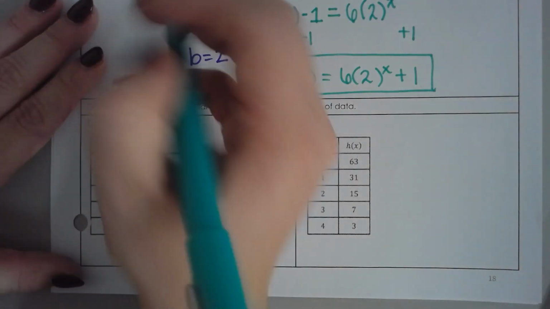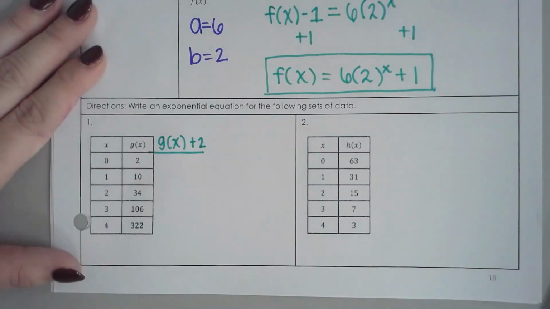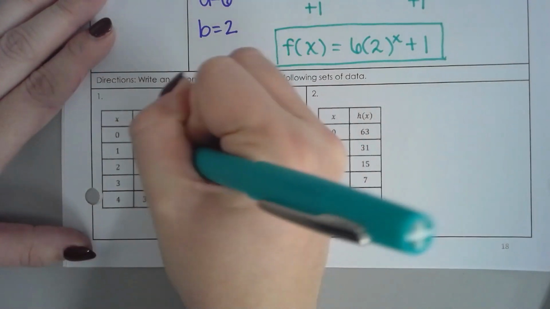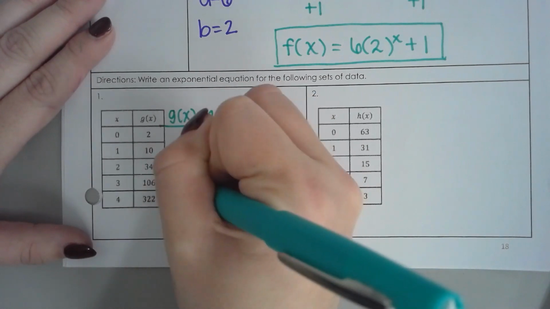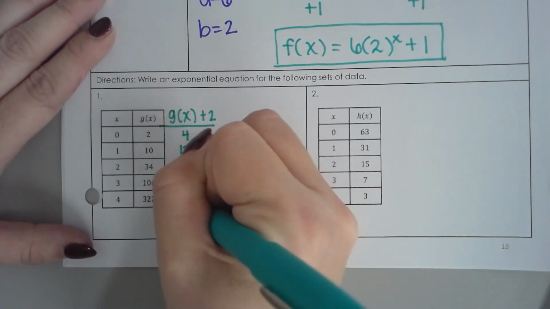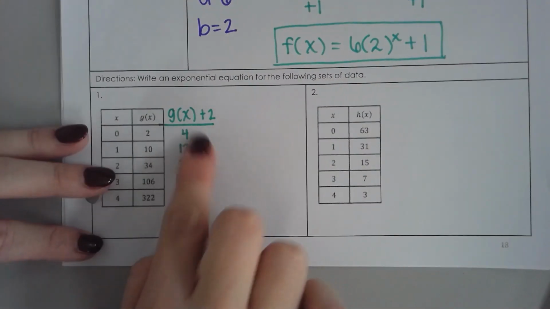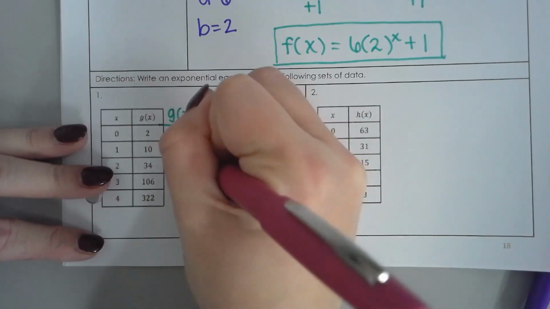That's it. If I take g of x and I add 2 to all of those, this would be 4, 12, 36, 108, 324. If I multiply 4 times 3, I get 12.